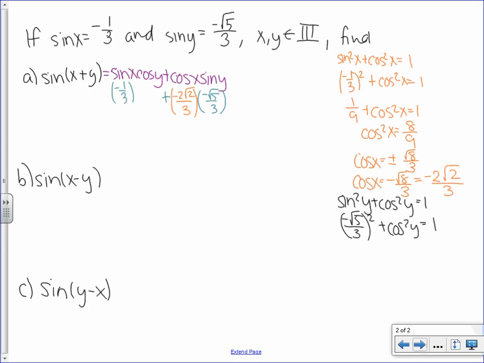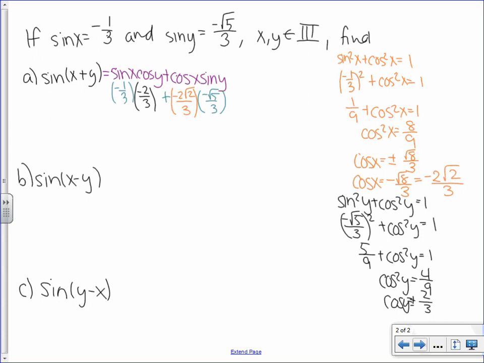It's also nice because since I'm squaring a square root, this is just going to become 5 in the numerator, and then I've got 9 in the denominator. Subtract that over, and I'm going to get cosine squared y is equal to 4/9. Or cosine y is equal to, whoops, got ahead of myself, plus or minus 2/3. But I'm in quadrant 3, and in quadrant 3 cosines are negative, so I only care about the negative. So up here I'm going to plug in negative 2/3.